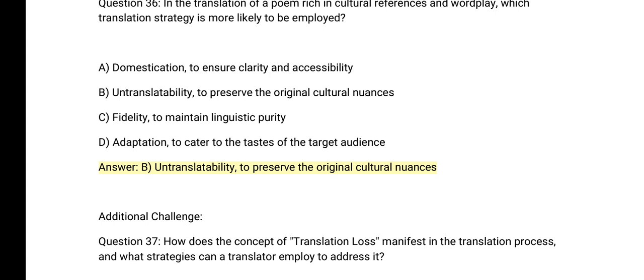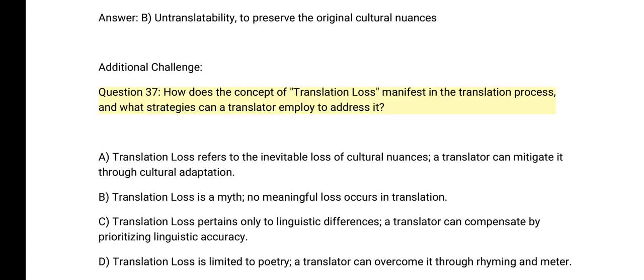Additional challenge. Question 37. How does the concept of translation loss manifest in the translation process, and what strategies can a translator employ to address it? A. Translation loss refers to the inevitable loss of cultural nuances. A translator can mitigate it through cultural adaptation. B. Translation loss is a myth. No meaningful loss occurs in translation.